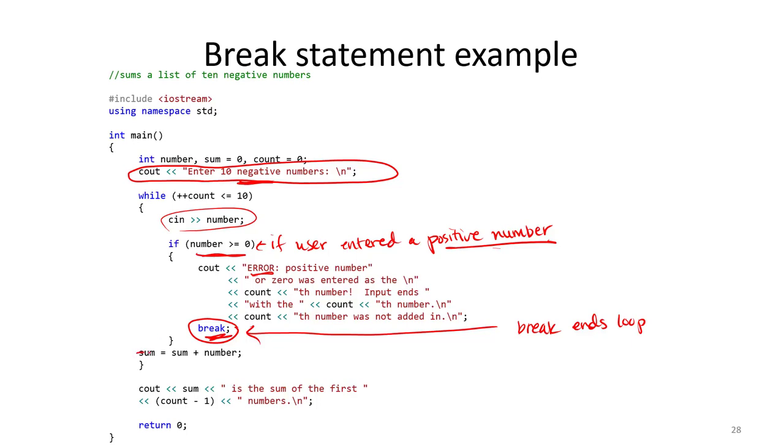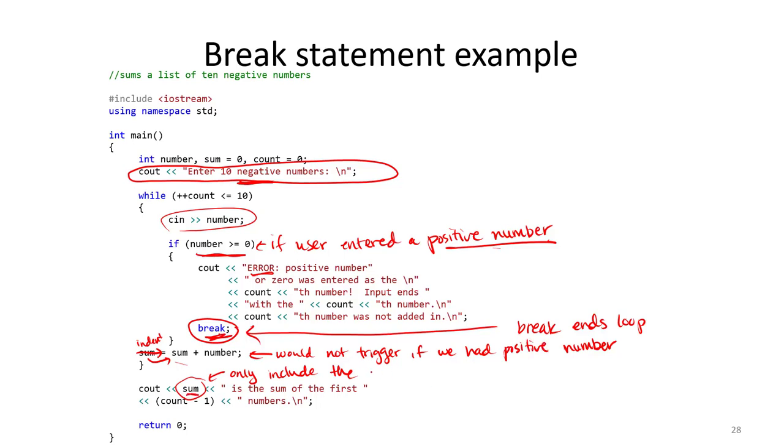Oops, and this should have been indented here. Remember, this sum statement should be indented since it's still inside those outer braces. But we see this break statement would end the loop, and notice the sum would not trigger. The sum would not trigger if we had a positive number, and so this sum would only include the loop iterations before our break statement.